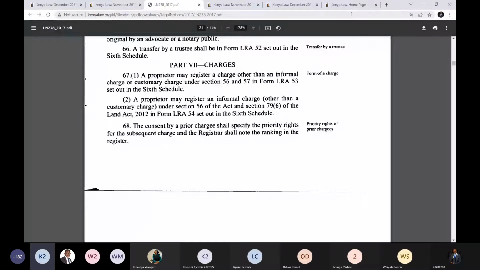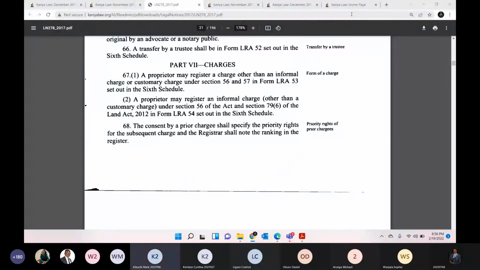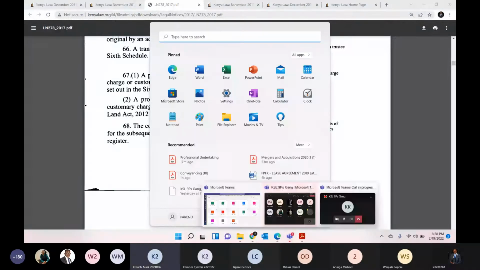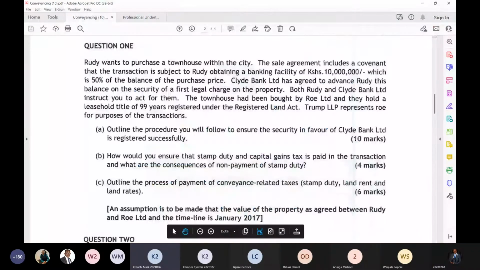Just a question. Because this land only has a sale agreement, shouldn't we also prepare the transfer? Because we can't charge the property if there is no transfer, since it will not have moved to the purchaser so that it can then be charged. That's a good question, and it stems from what we read under condition 8 on completion documents.